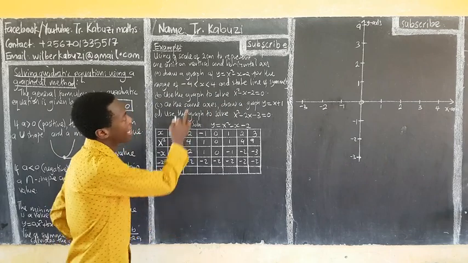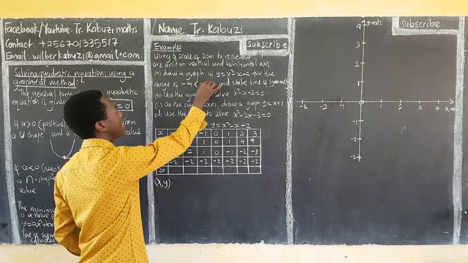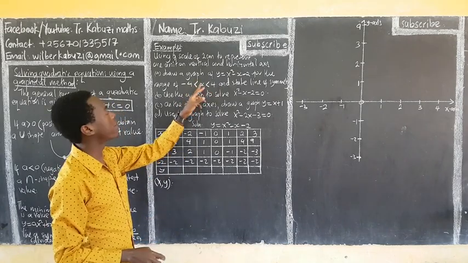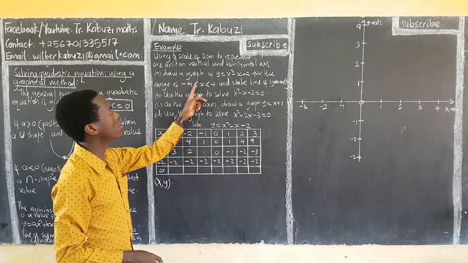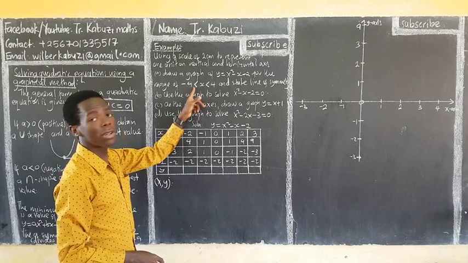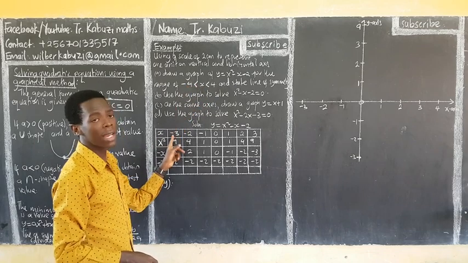Now be careful with this sign. This is telling us that the values are between negative 4 and 4, so we don't include negative 4 and 4. If this was greater than or equal to, then we would have included negative 4. But because it is just greater than, the values of x greater than negative 4 start with negative 3.